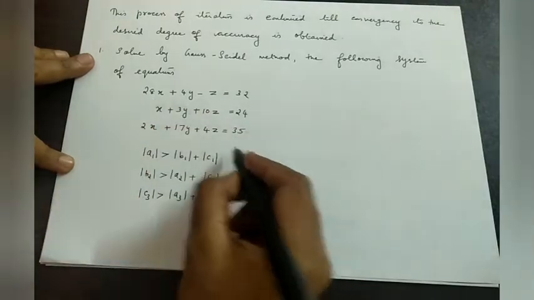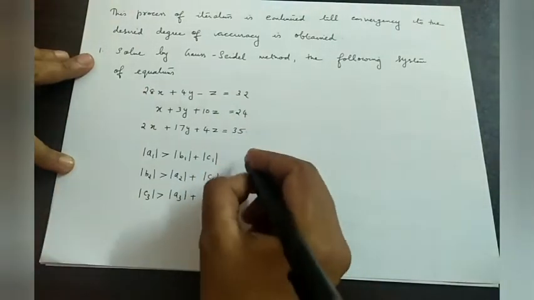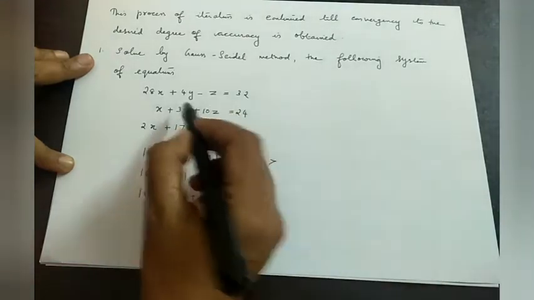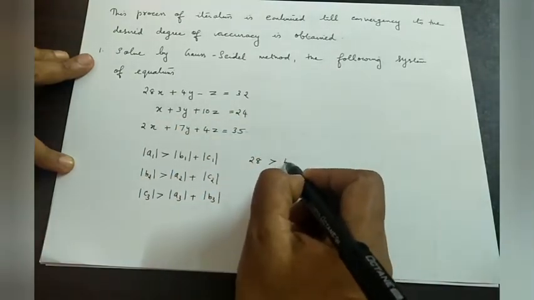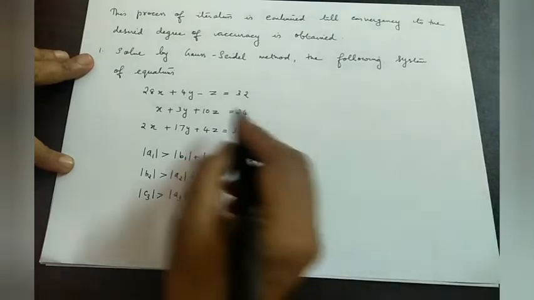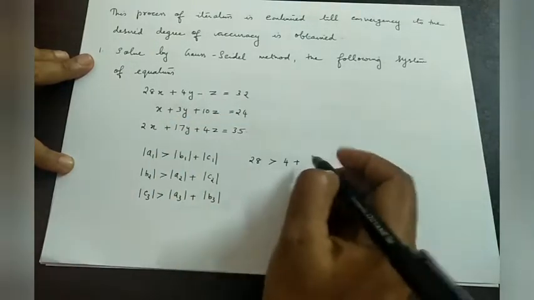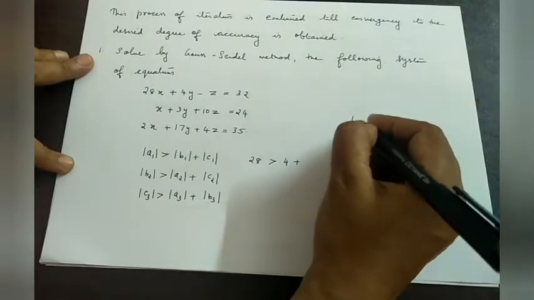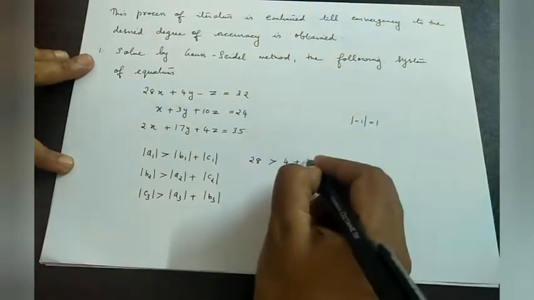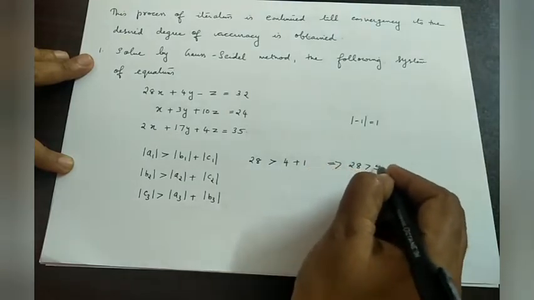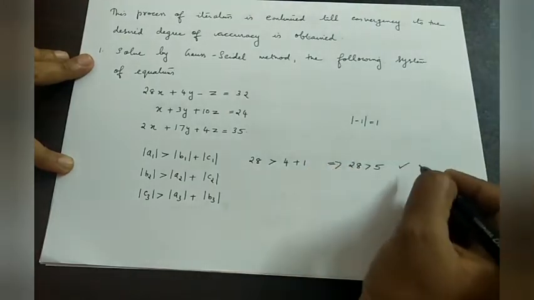Here in this case modulus of 28, that is 28 itself, is greater than mod 4, that is 4 itself, plus mod minus 1. The coefficient of z is minus 1. Modulus of minus 1 is 1, which implies 28 is greater than 5. So it is okay.